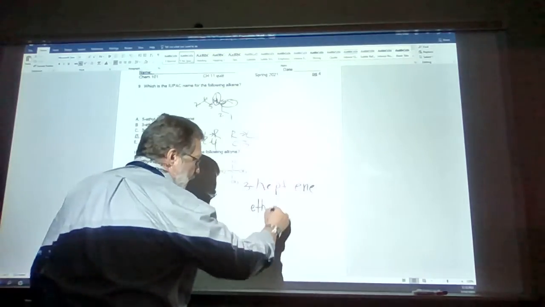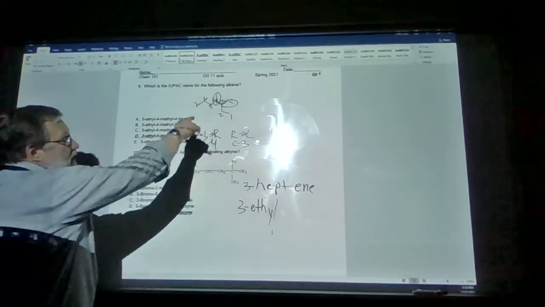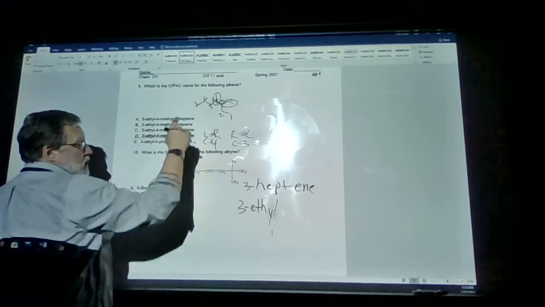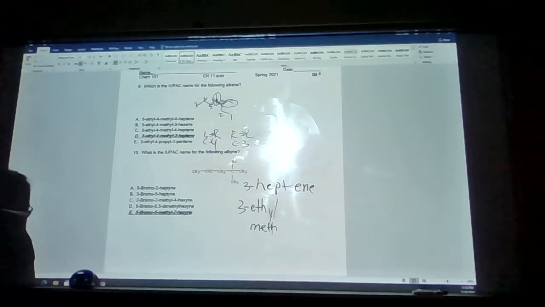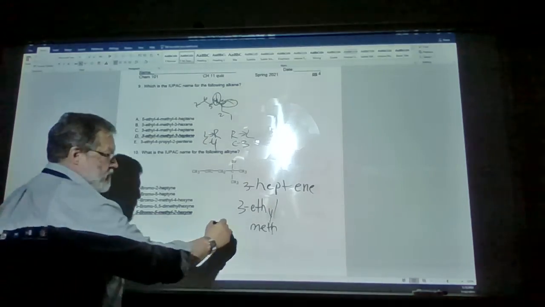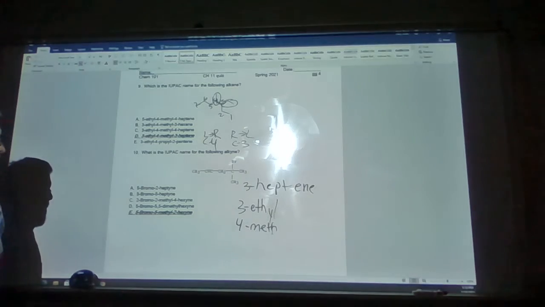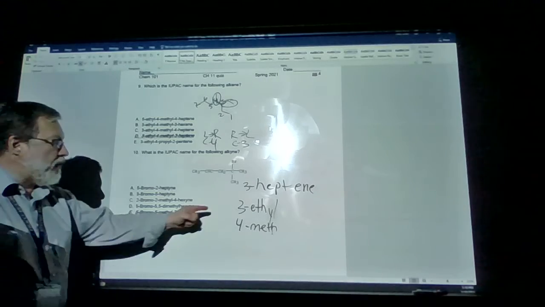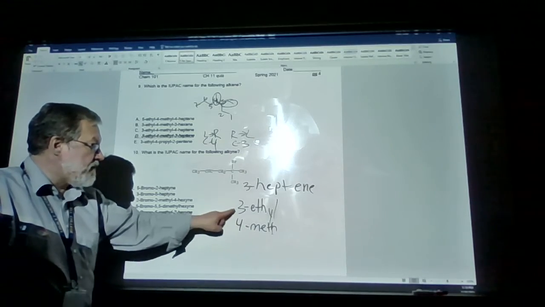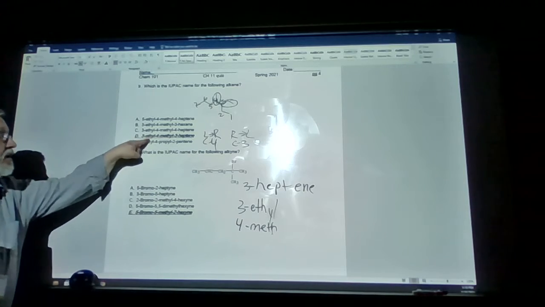We add the yl. It's at the 3 position. We've got a single carbon fragment, a meth, single carbon fragment at C4. We list these alphabetically. So E comes before M. So 3-ethyl, 4-methyl, 3-heptene, number D.